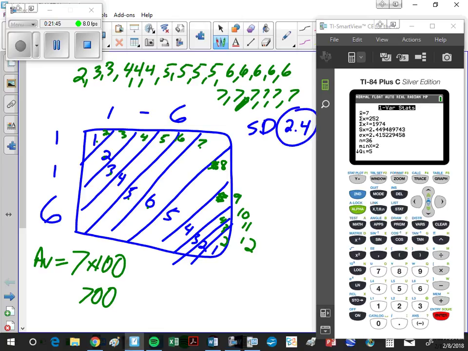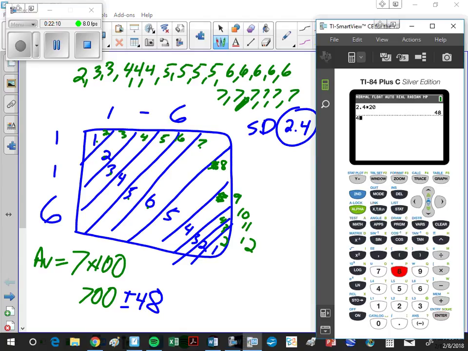What do I do with that? Multiply that by 20. So 2.4 times 20 is 48. Does it want the percentage? Probably. Let's find the percentage. 48 divided by 400 draws.